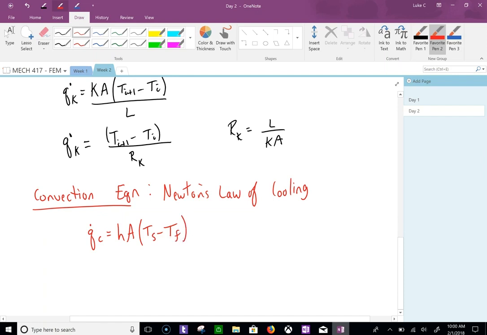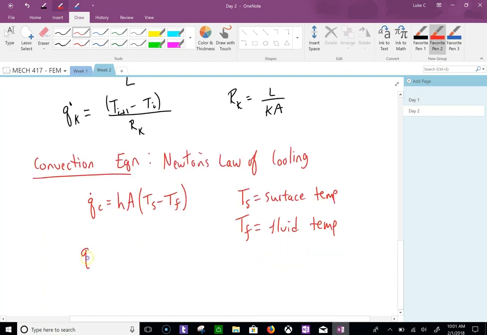T S is your surface temperature, right? And T F is your fluid temp. How can you rewrite this in terms of your resistance for convection?